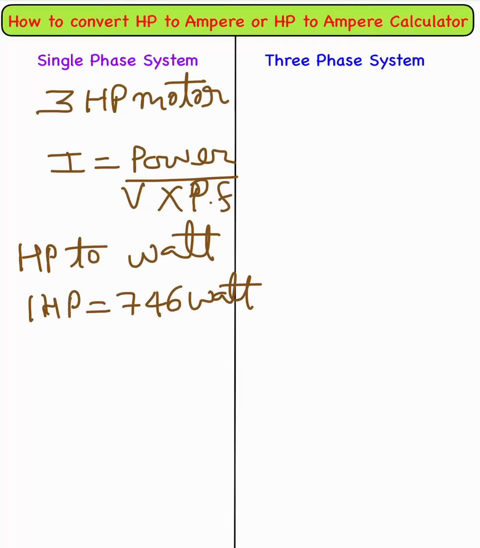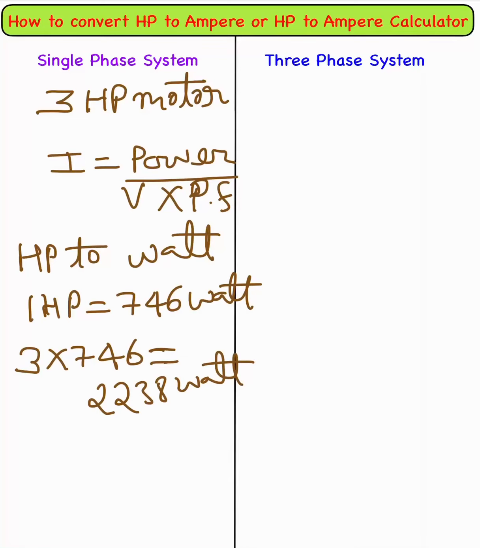So here is a 3 HP motor, so convert 3 HP into watt. 3 into 746 is equal to 2238 watt.